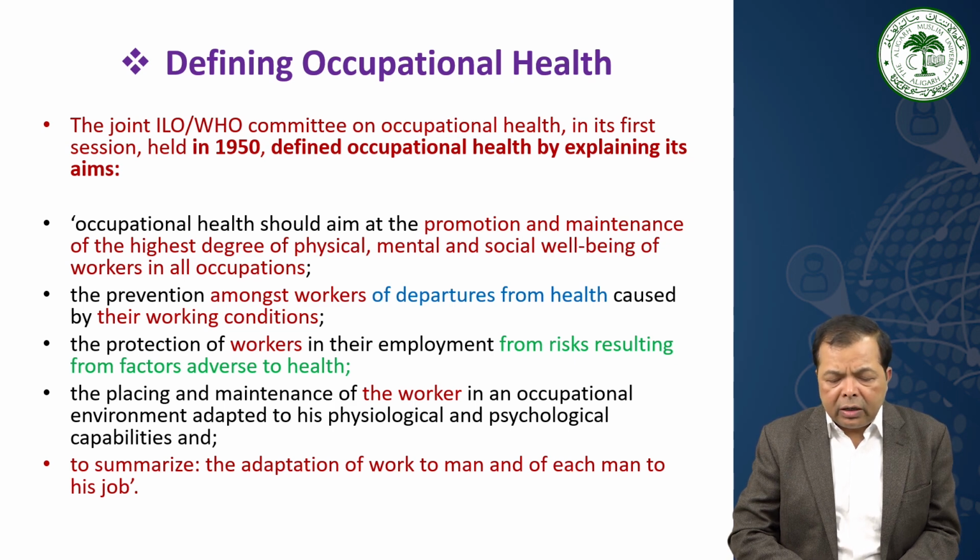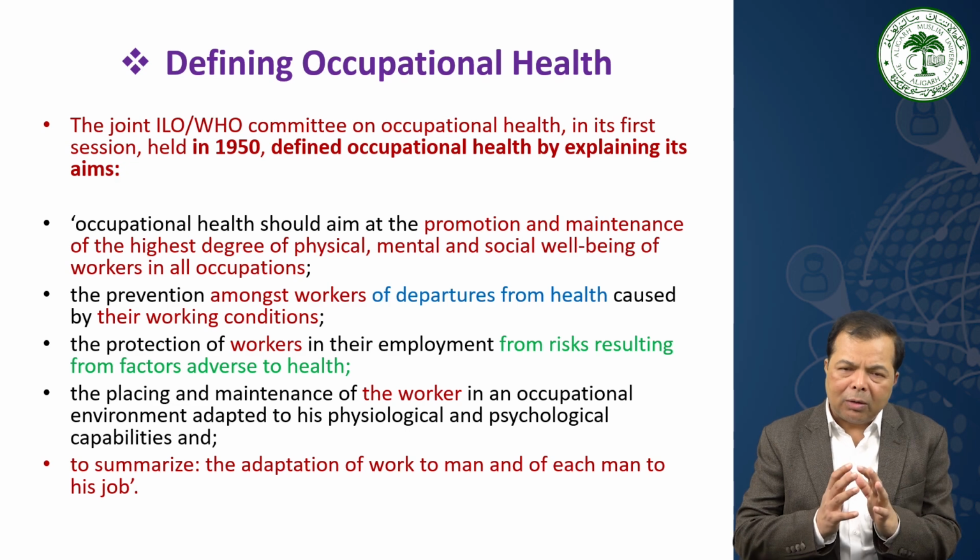Then the prevention amongst workers of departure from health caused by their working conditions. Then the protection of workers in their employment from risks resulting from factors adverse to health, and then the placing and maintenance of the worker in an occupational environment adapted to his physiological and psychological capabilities. And to summarize the whole thing, the adaptation of work to man and of each man to his job.